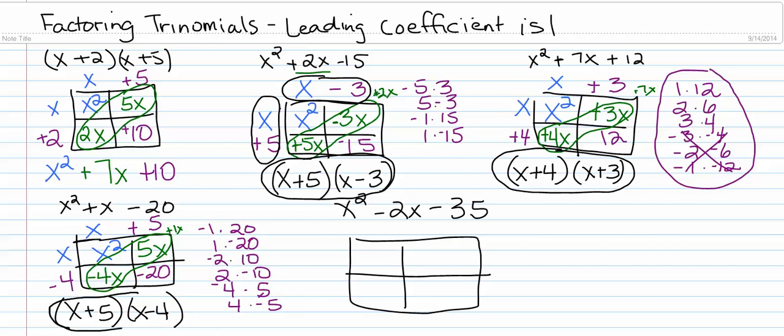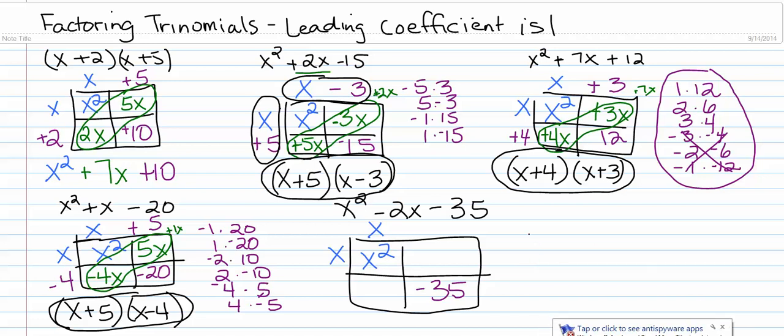Okay, good. And the last example. I know that to get x squared, I multiply x times x, and I have x squared minus 2x minus 35. And I know that my constant, the negative 35 in this case, always ends up in the bottom right-hand corner in my multiplication box. Now, what are the combinations of numbers that I can multiply together to get a negative 35?